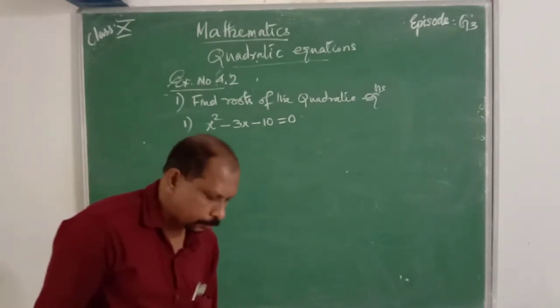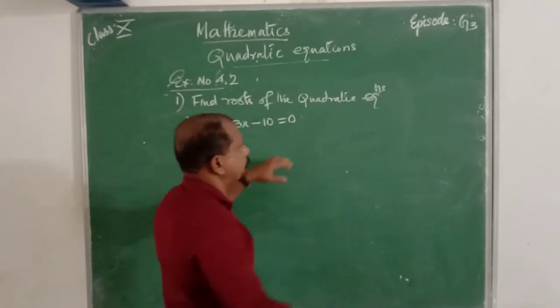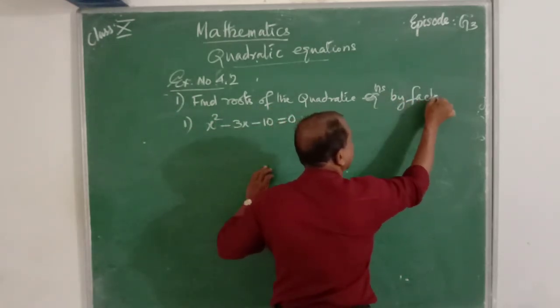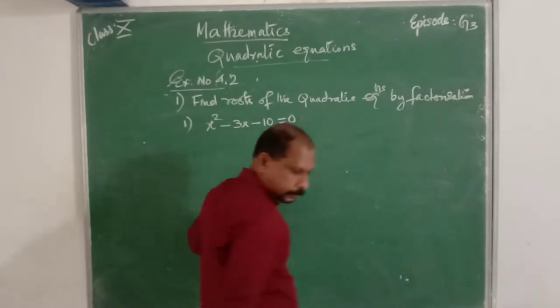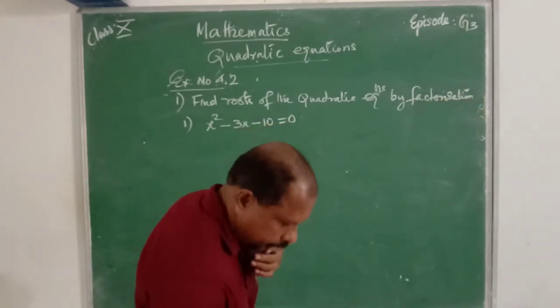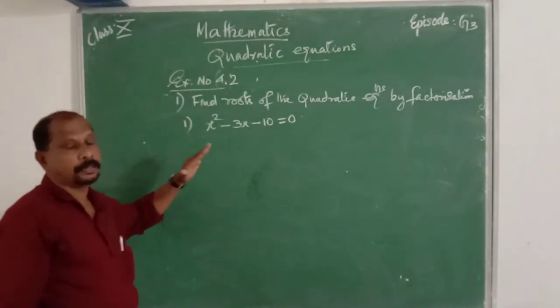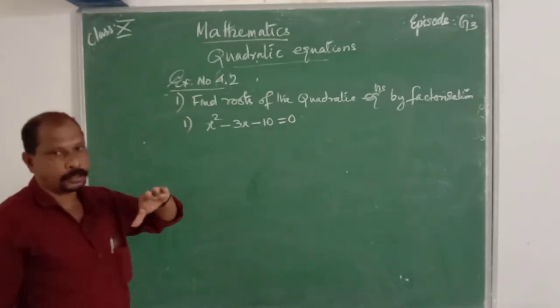Solve one, that is, find the roots of the equation by factorization. That is the question. Yes, factorization. Therefore, we can find this one only by factorization. We know the factorization method, not the quadratic formula.